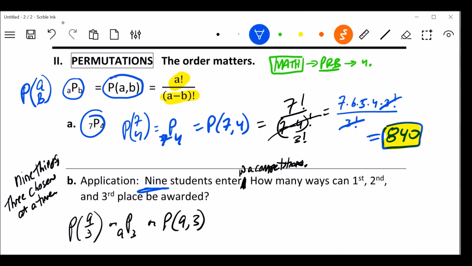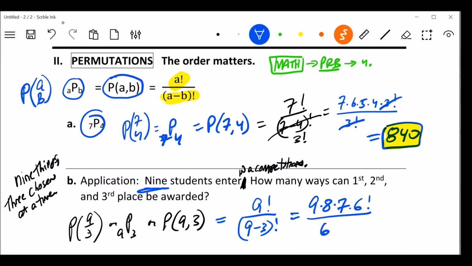We can do that now down here with 9 people entering the competition. How many possibilities are there? So that's going to be 9 factorial over 9 minus 3 factorial. So 9 times 8 times 7 times 6 factorial. On the bottom, 9 minus 3 is 6, so 6 factorial.